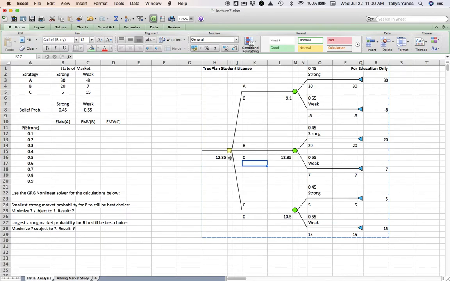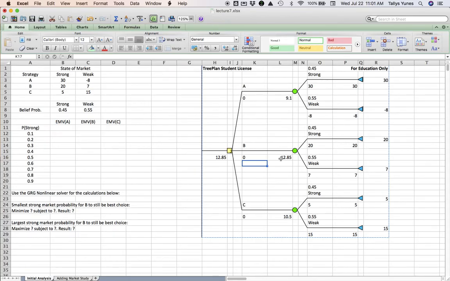What does that mean? It means it's telling me out of the branches that come out of this yellow node, starting at number 1 from the top, go to the second one. So 1, 2. That is to say, out of these 3 strategies, if you want to maximize the expected payoff, you should choose strategy B, because it has an expected payoff of $12.85 million.